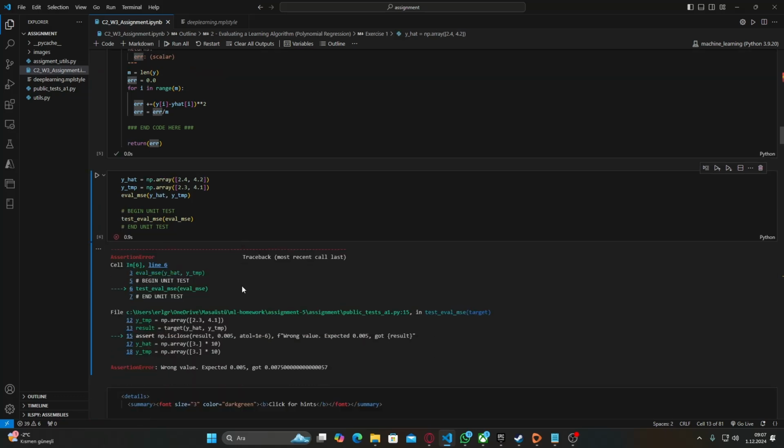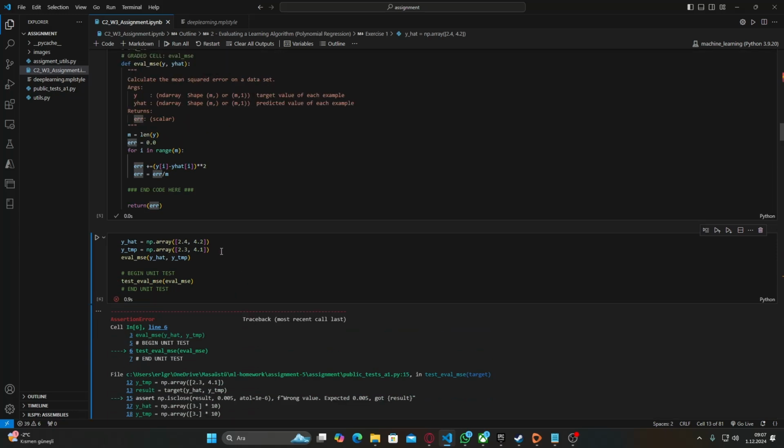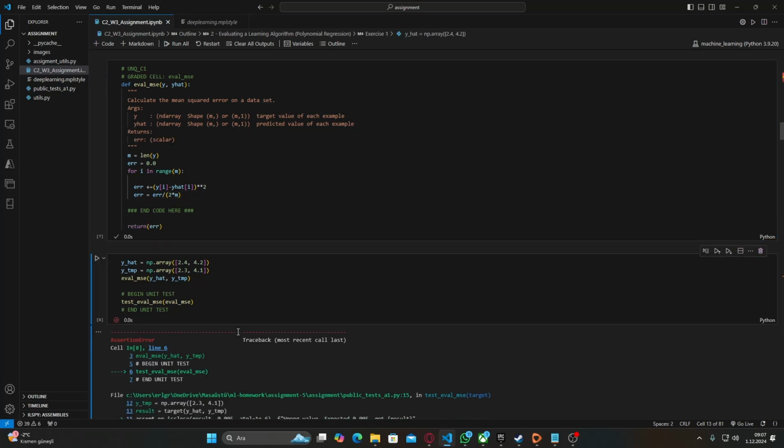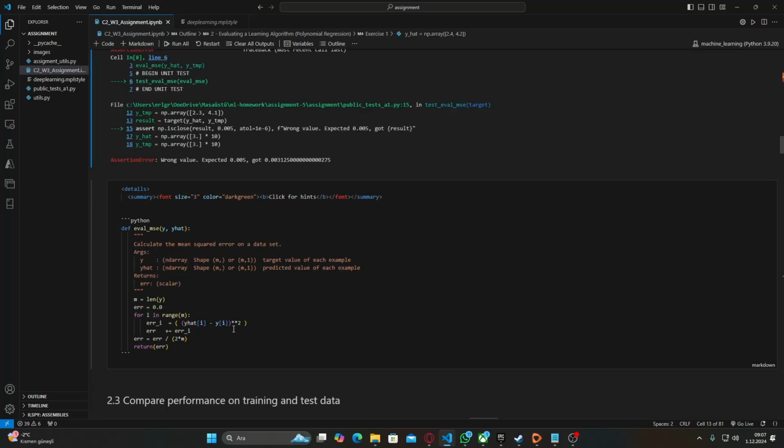Okay, I'm getting a wrong value, expected 0. This one. Okay, I made an error, but where? I guess I forgot to, in here, I guess. Let me check it. I'm not sure. Yes, it's wrong. Let me check it. Error equals error plus y_i minus y_hat squared.